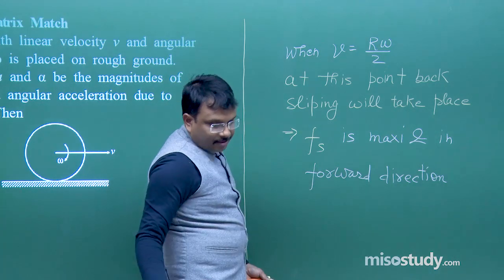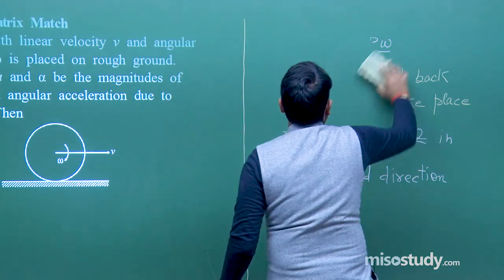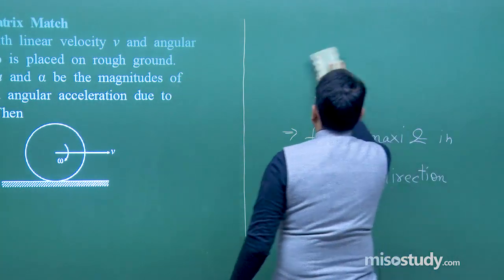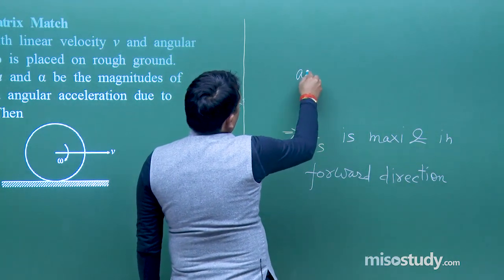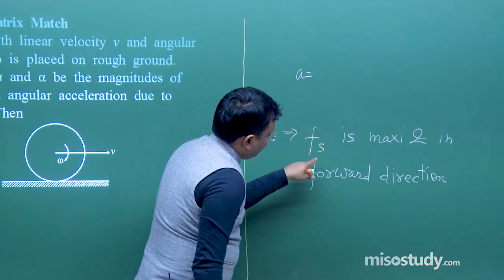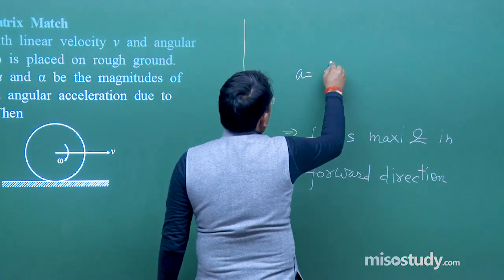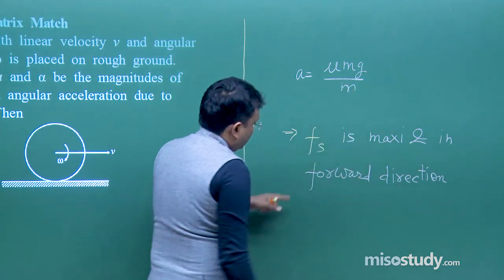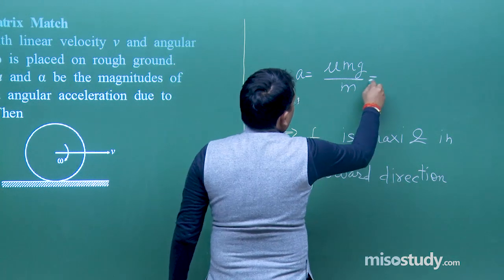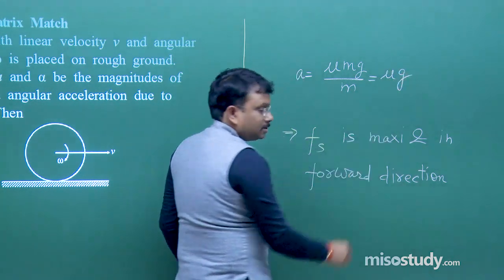So, what I can say, then I can say that a is equal to, now please take a look, because Fs is maximum. So, I will say mu mg by m, or mu g.